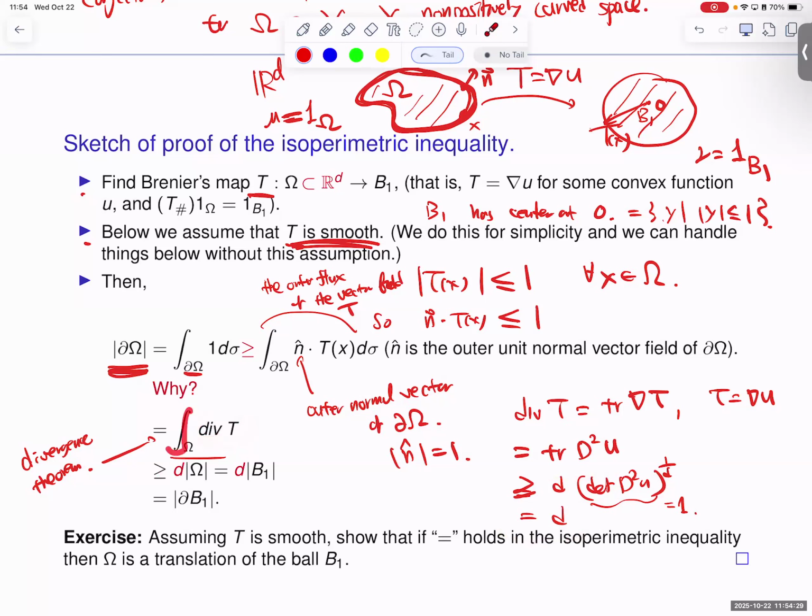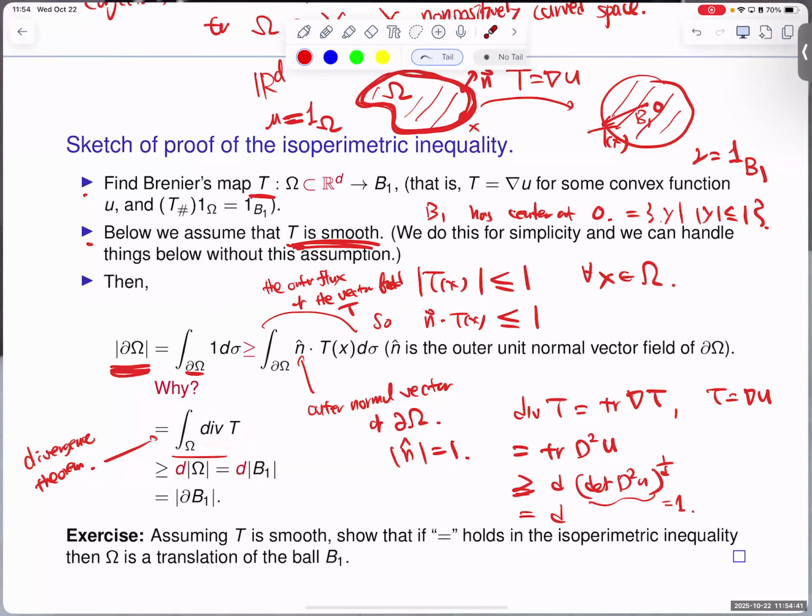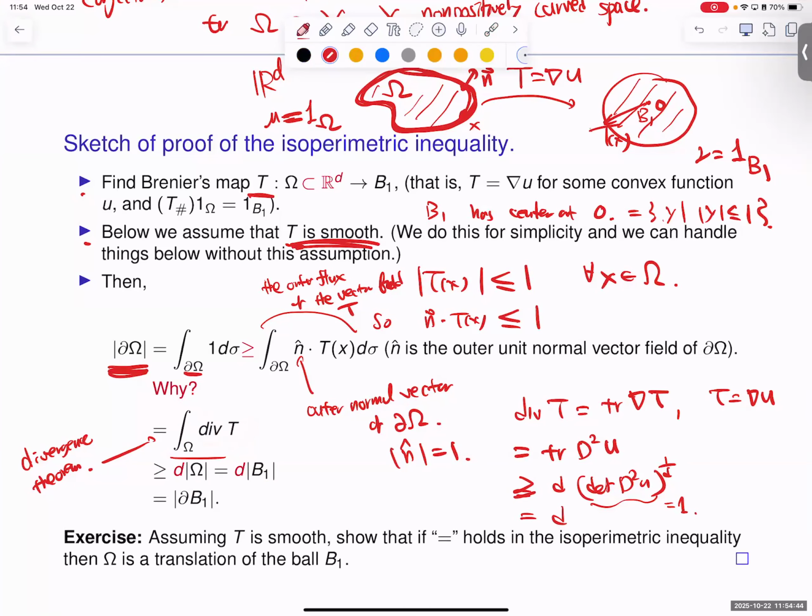So the integral is bigger than or equal to D times the volume of omega. Okay. The volume of omega is the same as the volume of B1. That's our assumption. But what is D times the volume of omega?